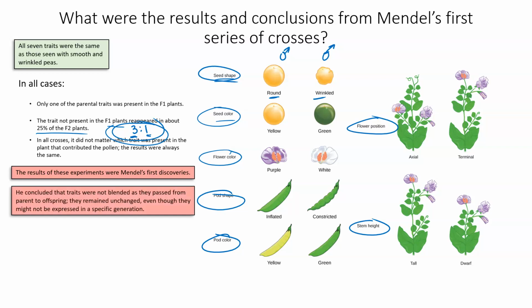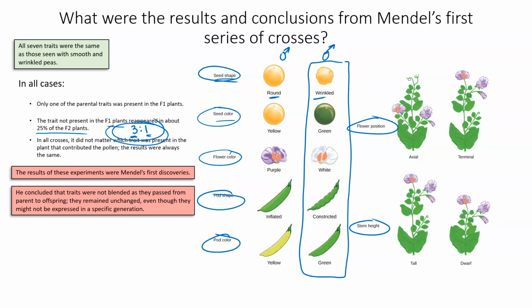He concluded that traits were not blended. As they passed from parent to offspring, they remained unchanged, even though they might not be expressed in a specific generation. Again, when he went from parent to F1 to F2, they were not expressed in a specific generation. In the F1, right, all of these recessive traits are always masked, right?